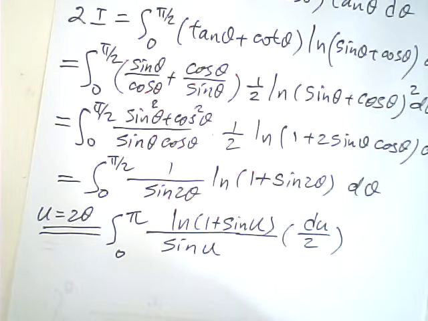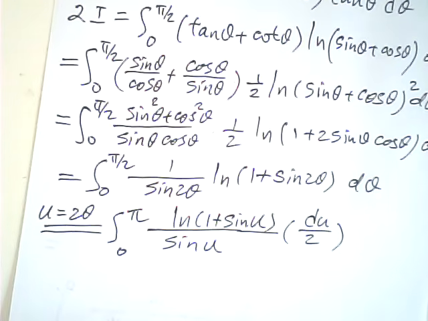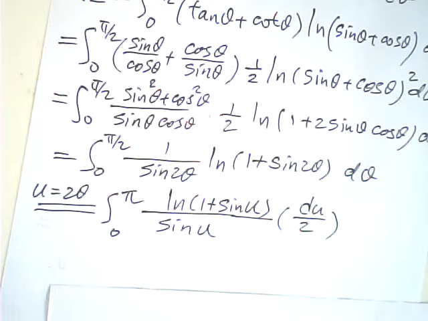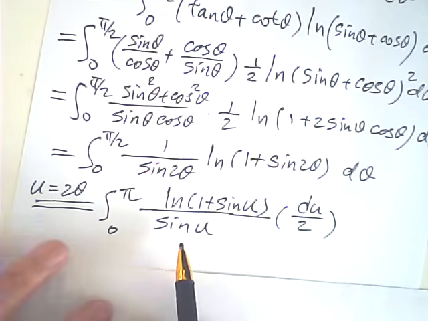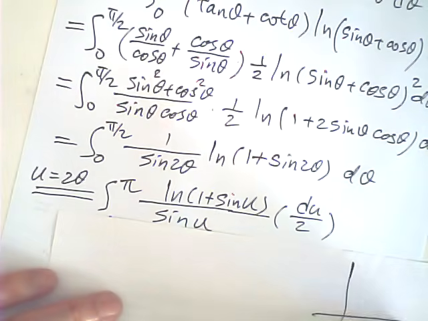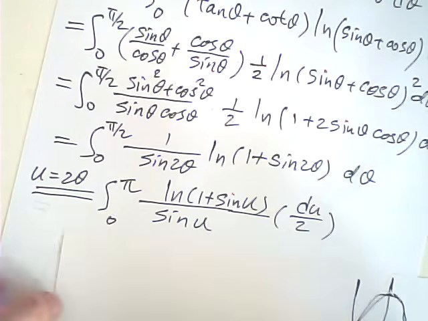Okay. Well, if you know that the sine function is symmetric with respect to half pi, right? This is sine, this is half pi. So it's symmetric with respect to this.